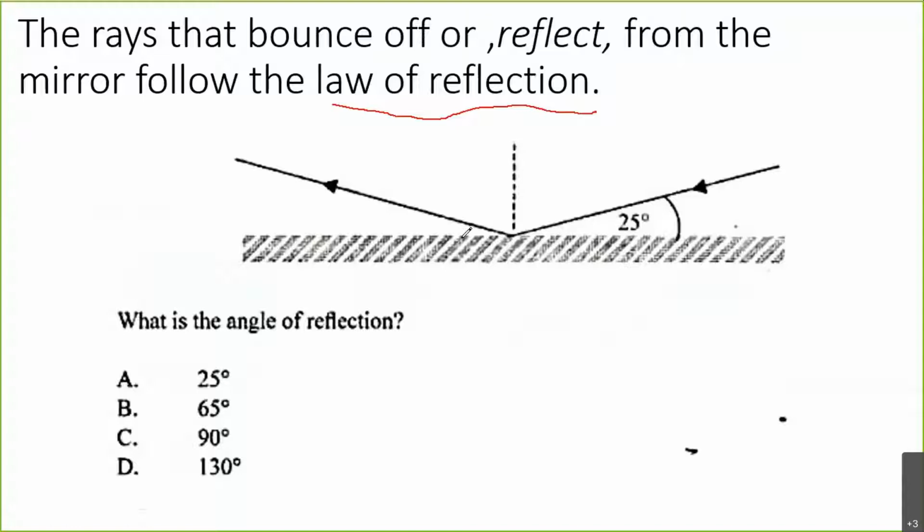So the law of reflection states that the angle of incidence, those are the incoming rays, the angle that they make with the normal, which is a line that's perpendicular to the surface. So this line here would represent the normal.